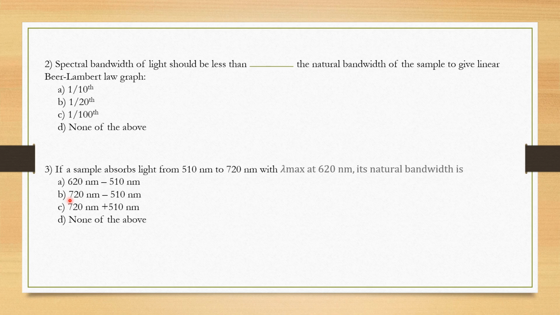The correct answer is B 720 minus 510 nanometers. We have to subtract lower wavelength from higher wavelength to get the natural bandwidth of that sample. That is 210 nanometers will be the answer.